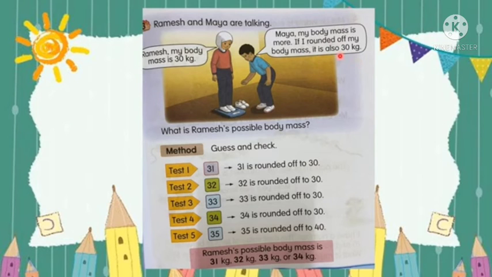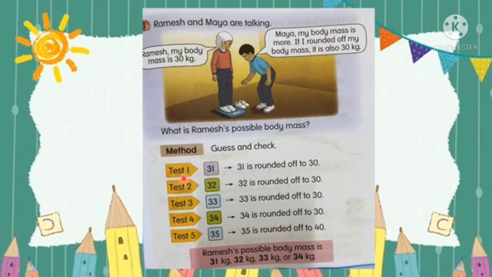So do you remember? You have learned about rounding off before this, right? Yes. So the question is, what is Ramesh's possible body mass? The method is, we can do guess and check. We can guess first and check whether the answer is true or not. So test 1.